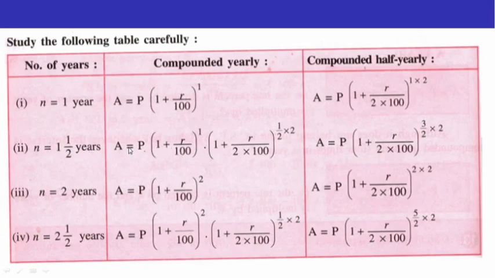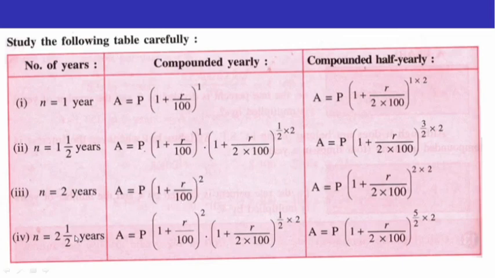Again observe it. For 1 year it will be this much. For half year you have to make the rate half, and the power has to be multiplied with half. Remember this. Now for 2 years, the formula is simple. In place of n we'll just put 2.